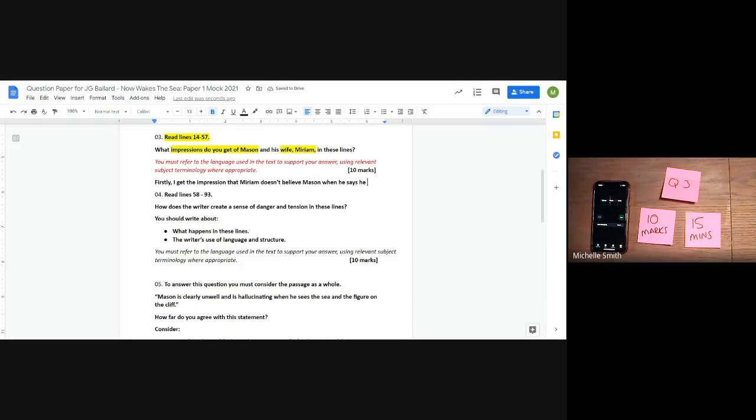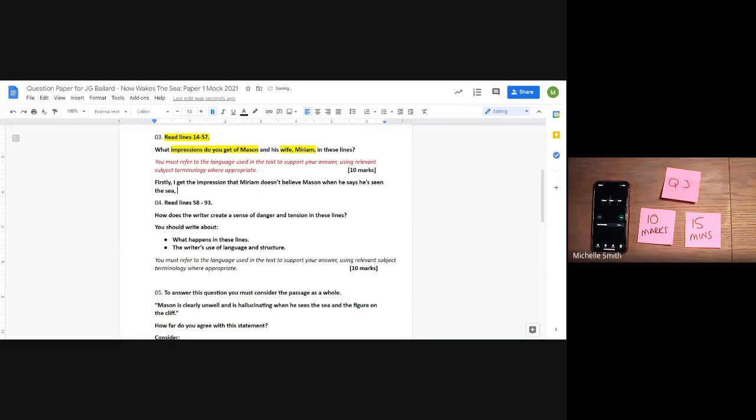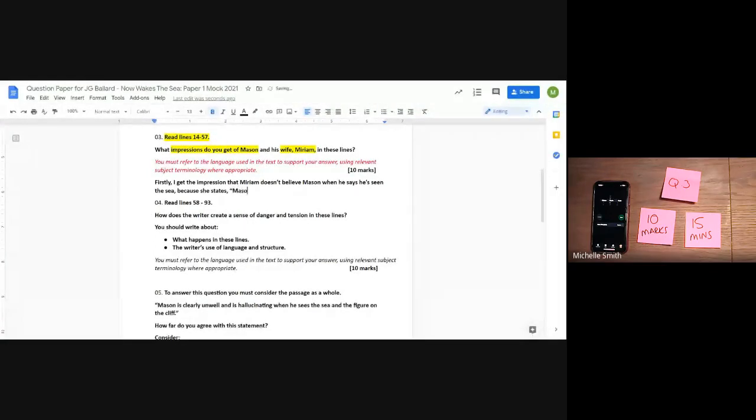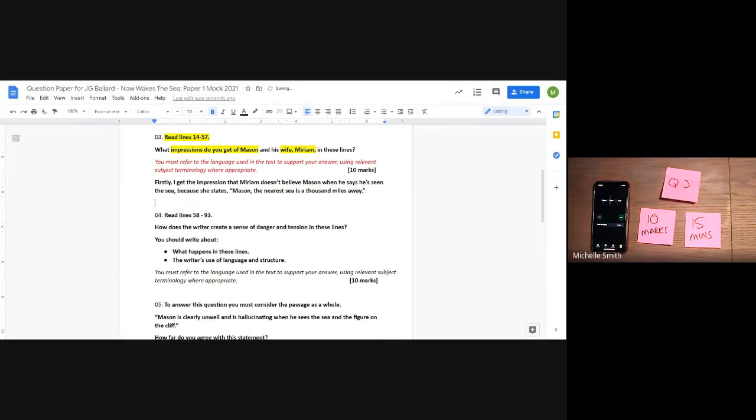He says he's seen the sea, as she states. I'm just going to check my quote to make sure it's exact. "Mason, the nearest sea is 1,000 miles away." And that's my first point.